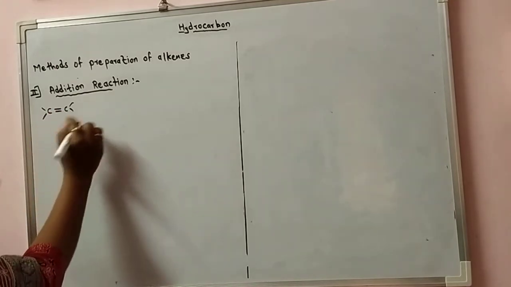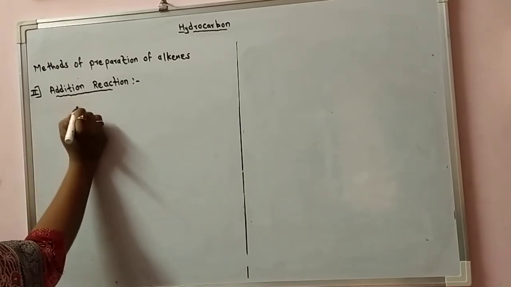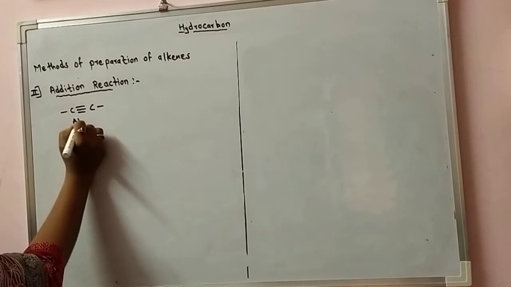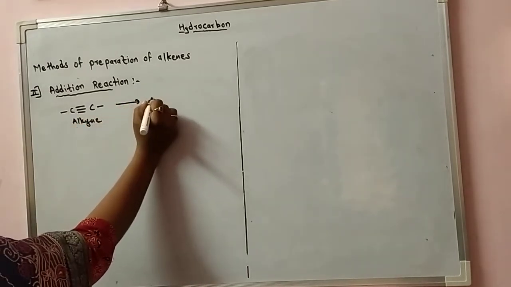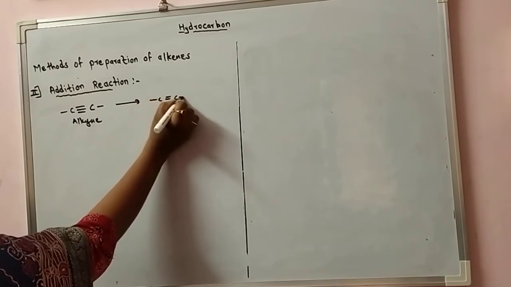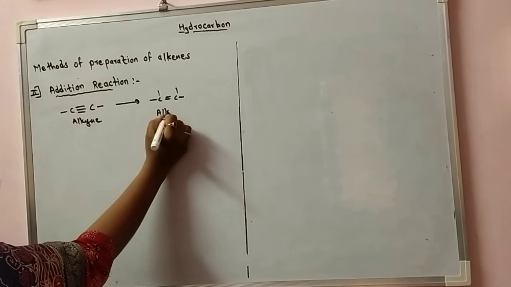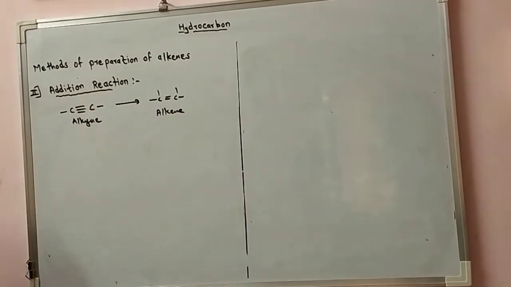So the triple bond, that is an alkyne, gets converted to a carbon-carbon double bond. So in the methods of preparation of alkenes, the alkene is obtained by addition reaction from an alkyne as the starting compound.